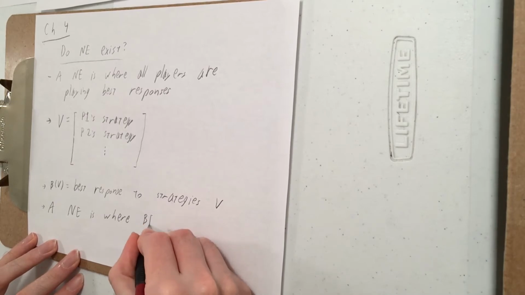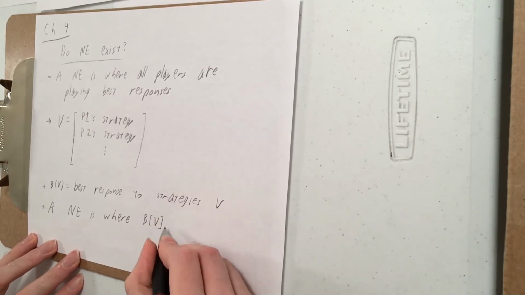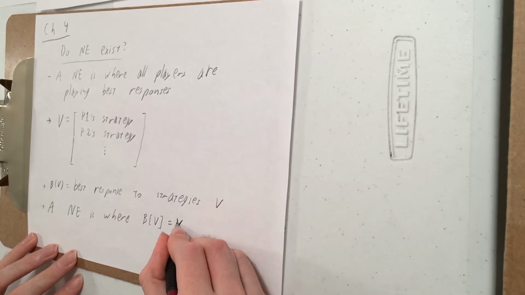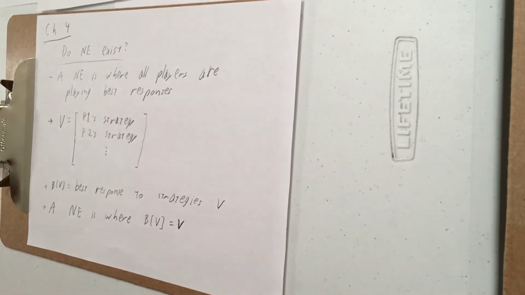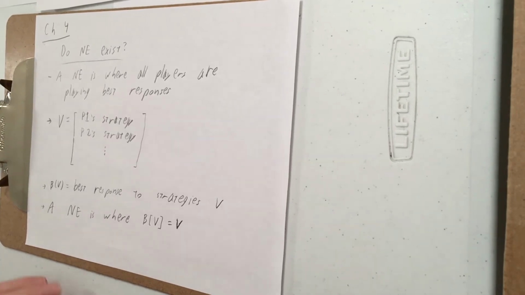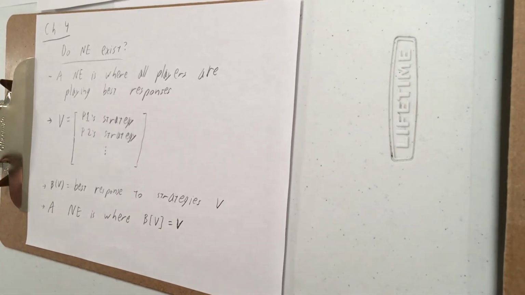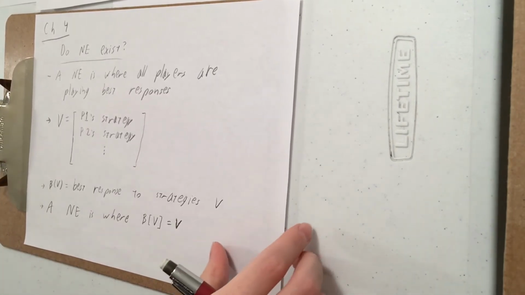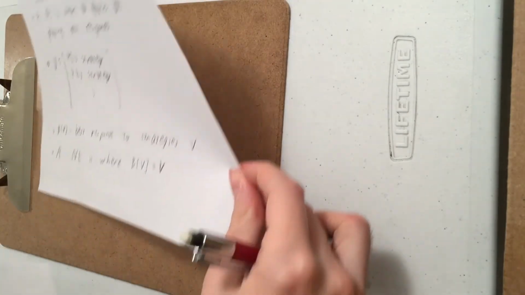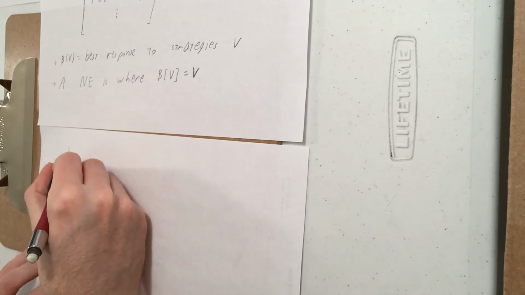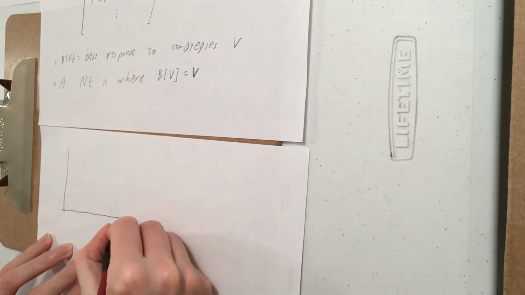It means it's a vector V where B of V equals V. So can we always find some V such that this is true? It turns out that the answer is yes.